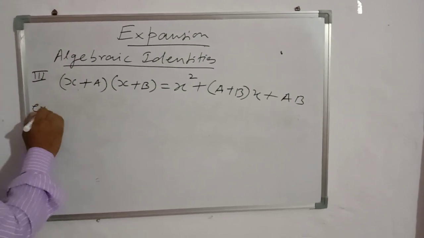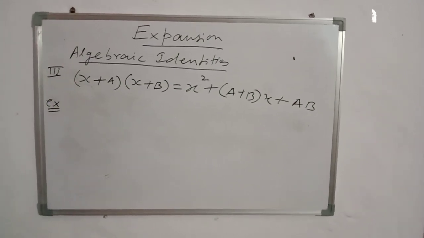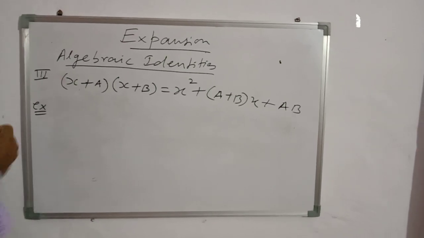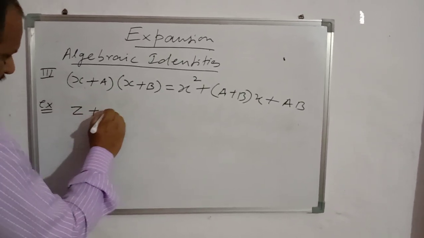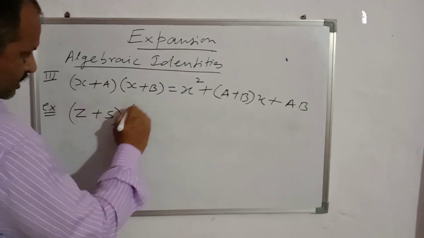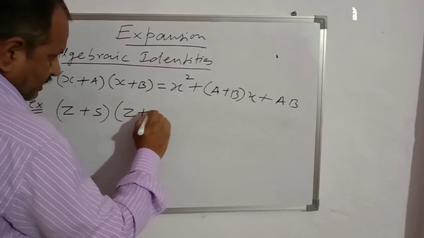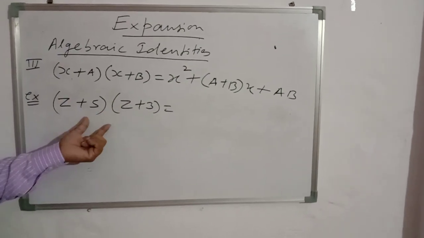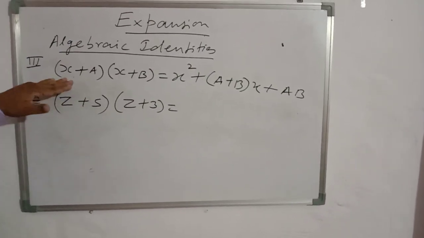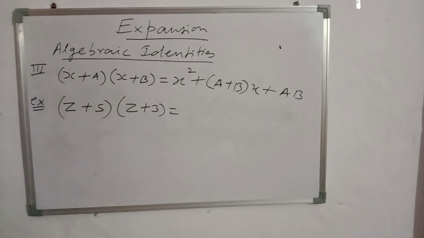See one example based on this identity. Suppose z plus 5 into z plus 3. We have to find the product of these two brackets without actual multiplication. So we will apply this identity here.